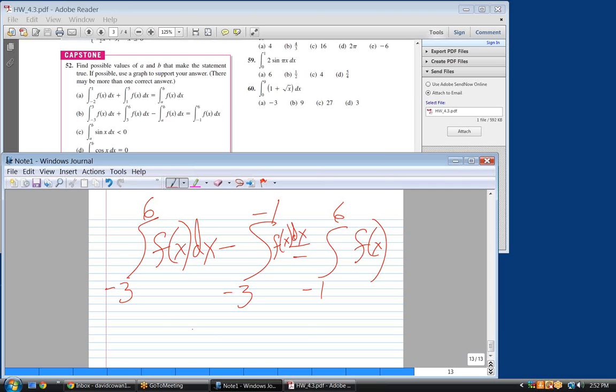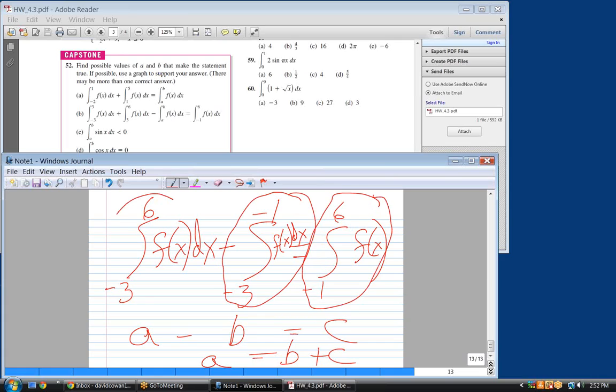In other words, treat this like an algebraic equation. A minus B equals C, which means A has to equal B plus C. Well, if I take this and add it to this, I get that. You see that? Well, just look at the right side.